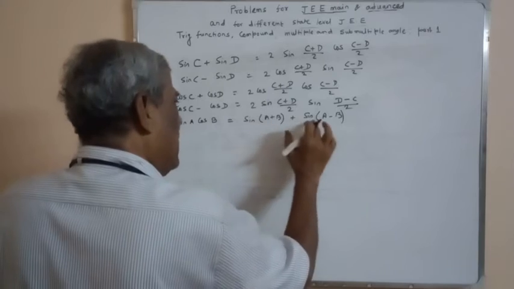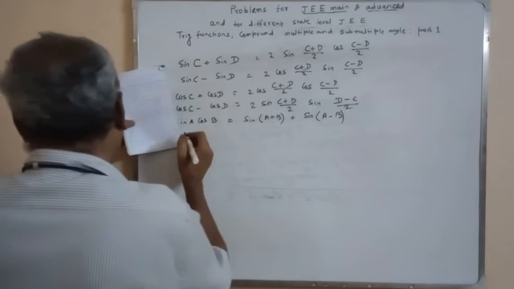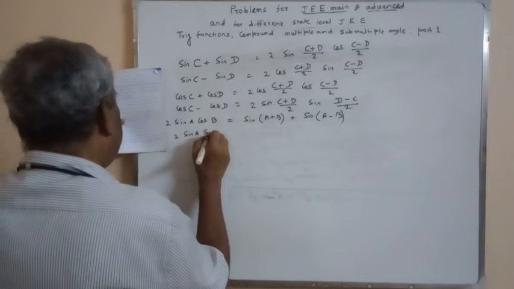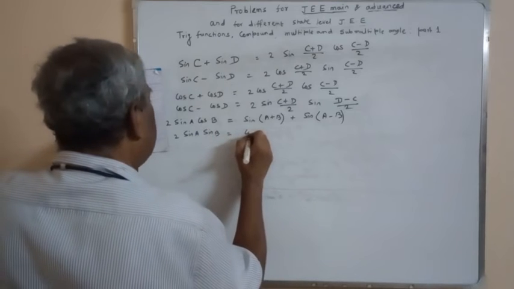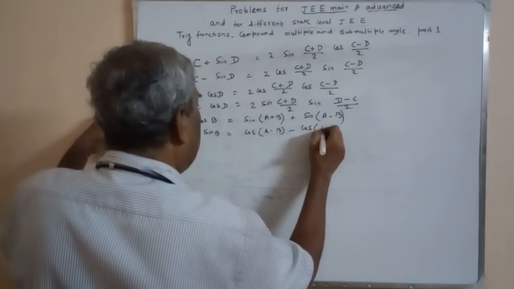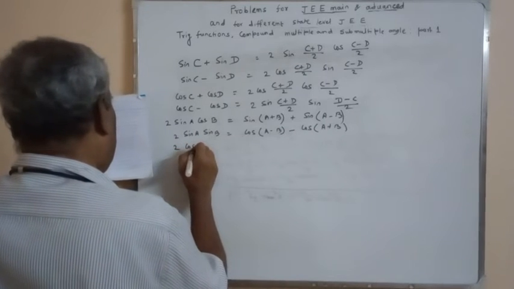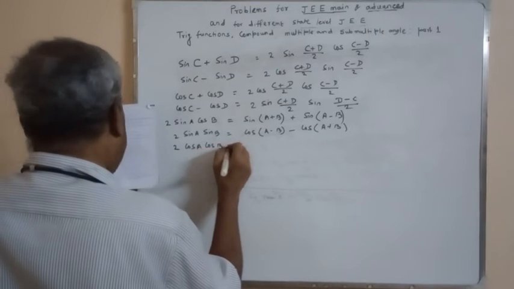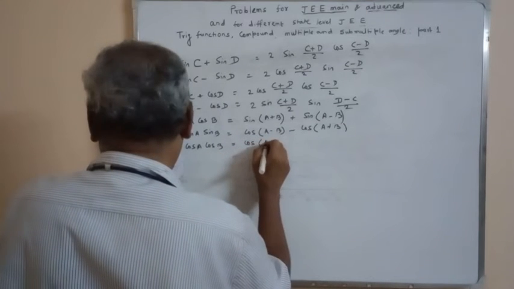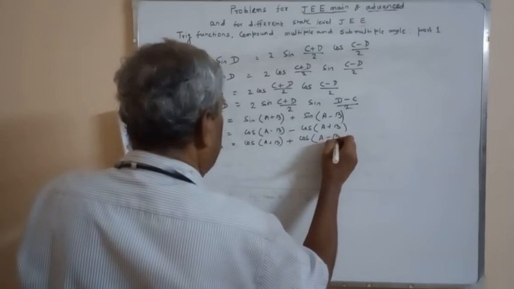Simply by writing this formula and that formula, they together indicate that. 2 sine A sine B is cos of (A minus B) minus cos of (A plus B). 2 cos A cos B is equal to cos of (A plus B) plus cos of (A minus B).